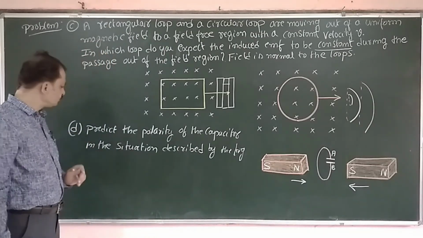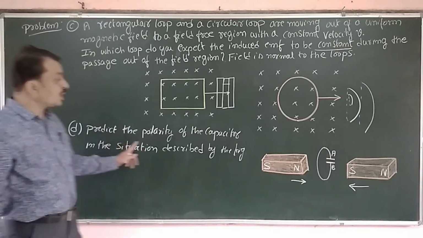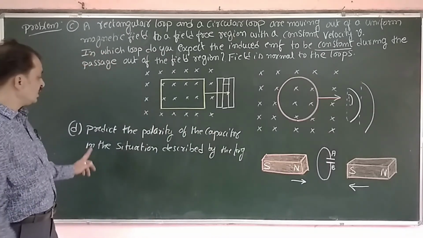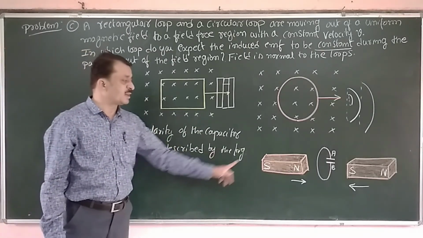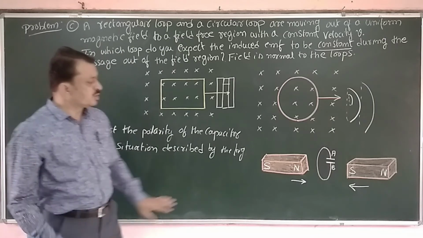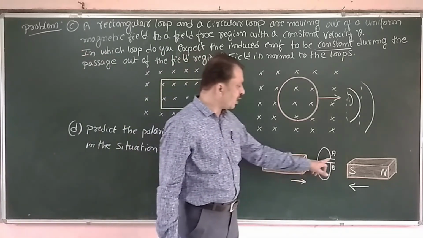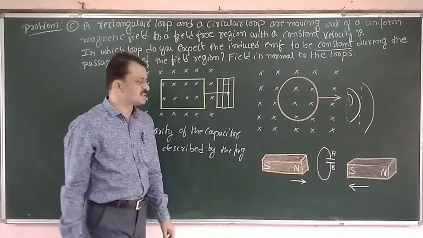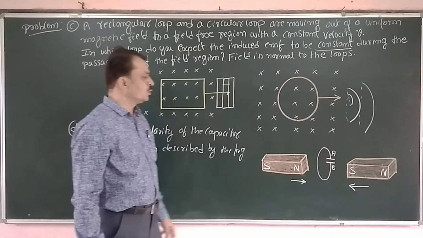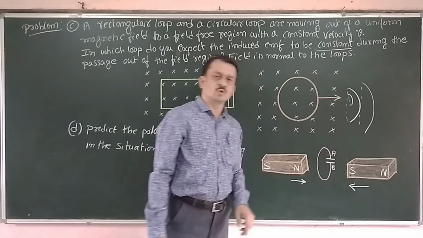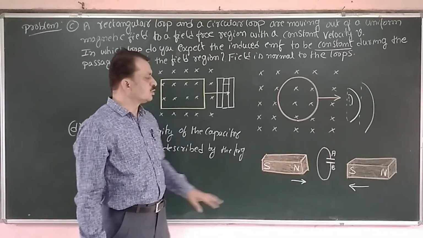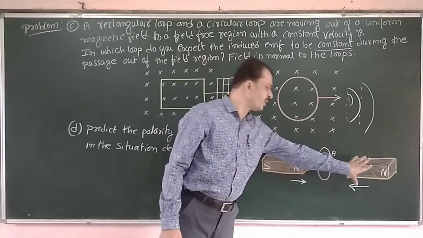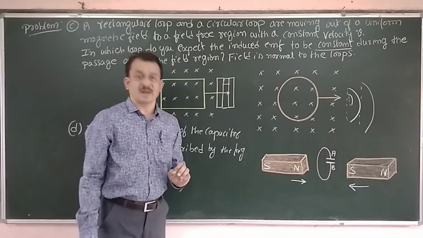And the last problem: predict the polarity of the capacitor in the situation described by the figure. Here, they have placed a parallel plate capacitor with plates A and B with a circular loop connecting the two plates. Now this capacitor is placed between two bar magnets.